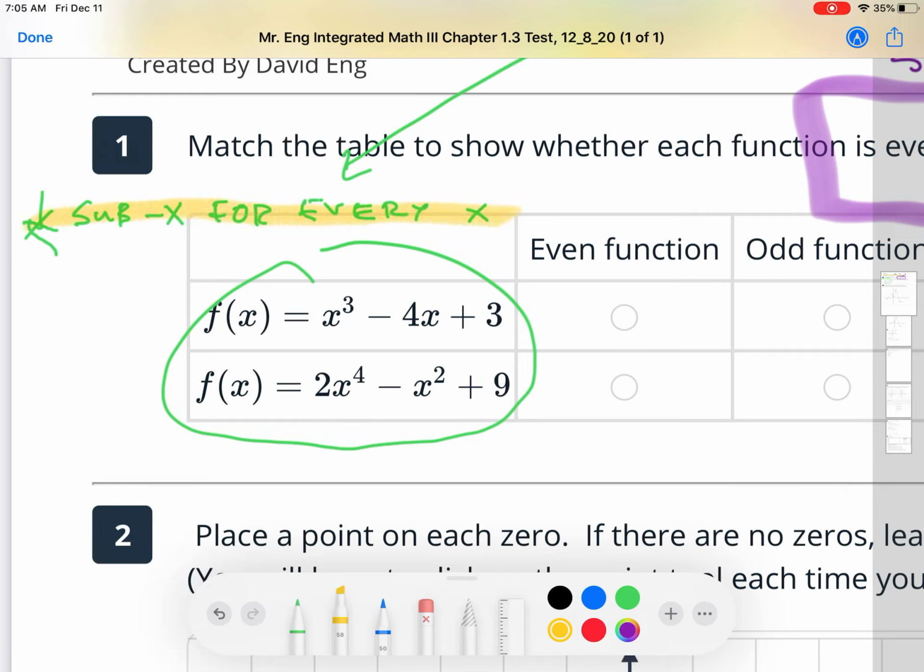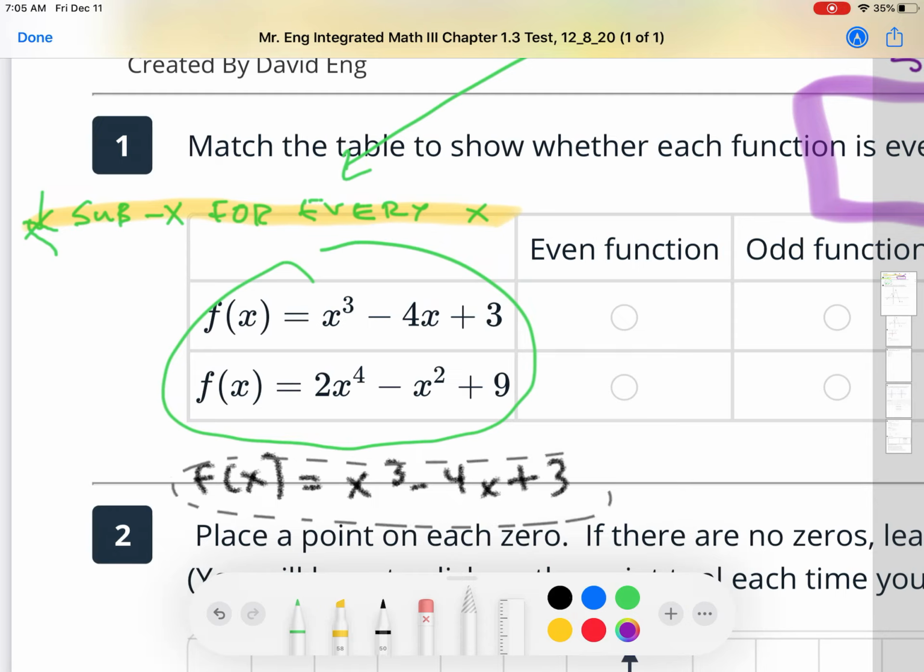I have two examples here. And with the magic of math, I'm going to just copy this, and then go to a space that we can work on.